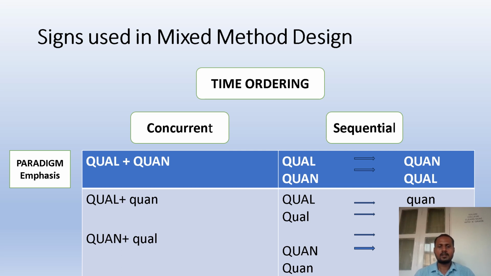If you are collecting the data simultaneously, that is concurrent, and when you are collecting data sequentially, quantitative followed by qualitative or qualitative followed by quantitative, this type of design is called sequential. So there are different types of concurrent and sequential design.